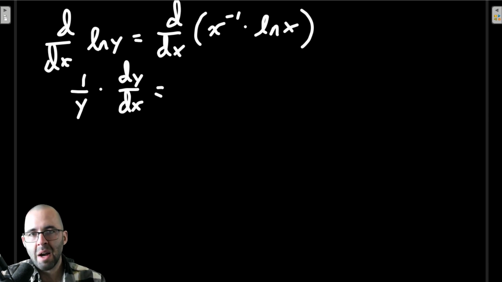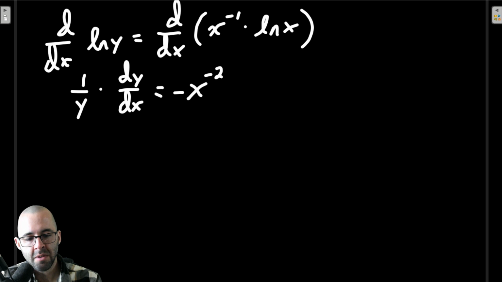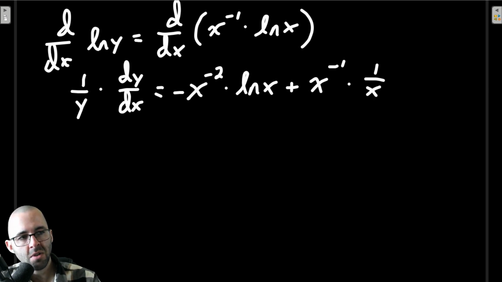But we have to multiply by y prime at the end, or dy/dx, because y is dependent on x. Right-hand side, we're going to have to use the product rule. Derivative of the first thing is the power rule, times the second thing, plus the first thing times the derivative of the second thing. Derivative of natural log is the reciprocal of the inside. This was step 2, by the way.